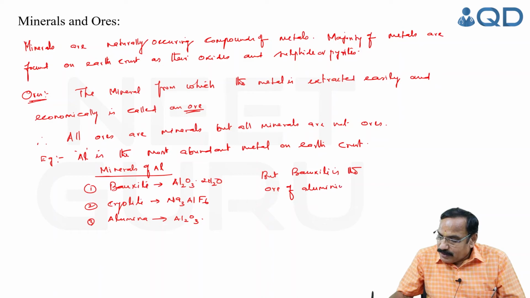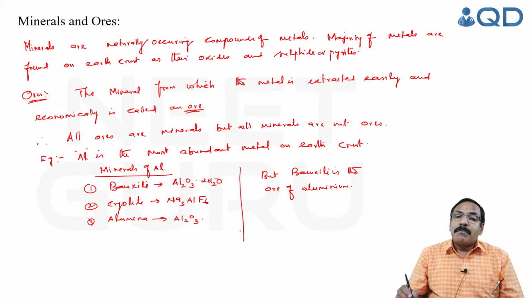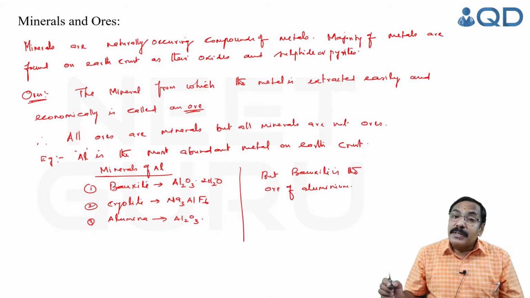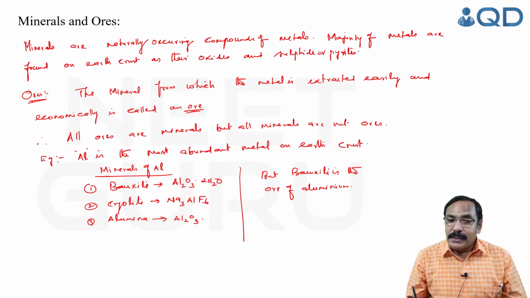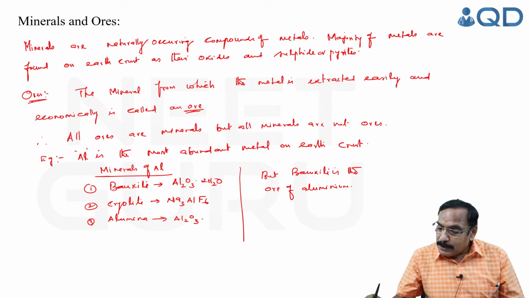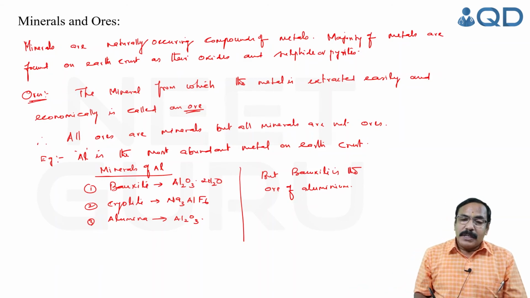That means it is easy to extract aluminium from bauxite, and the percentage of aluminium is also more in bauxite. That's why I said the mineral from which the metal is extracted easily and economically is called an ore.